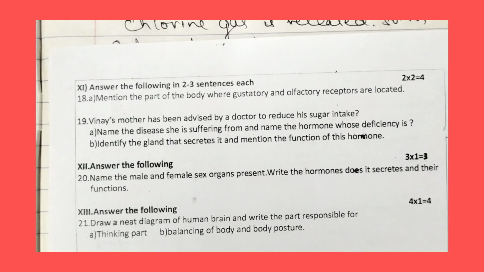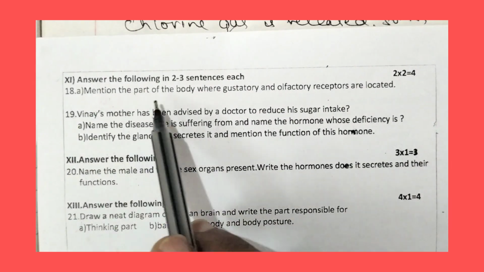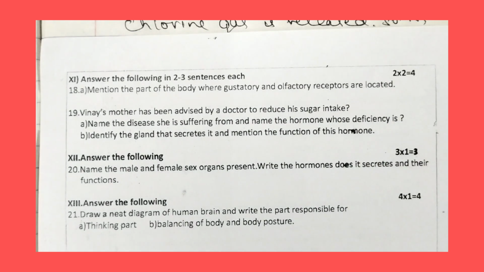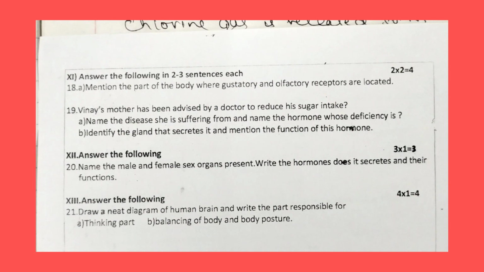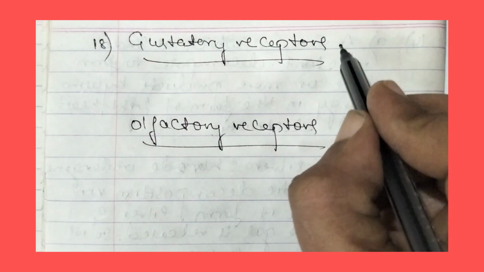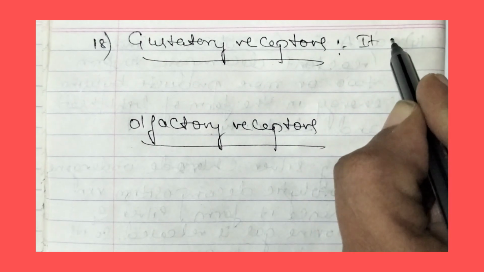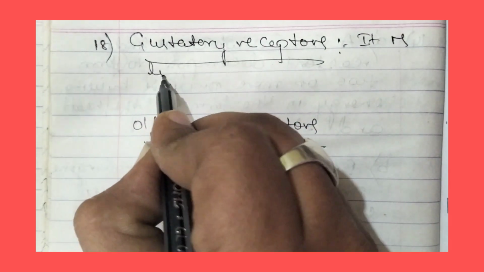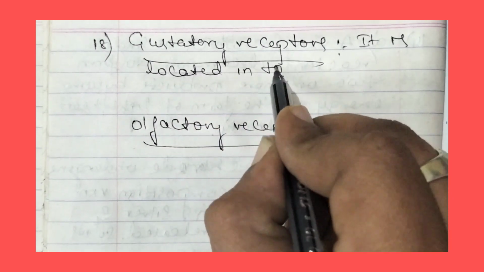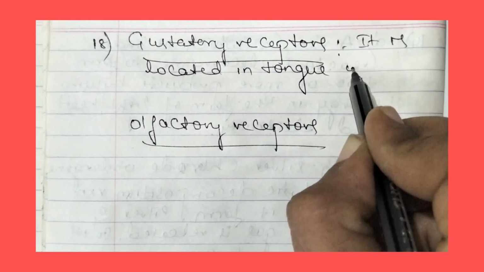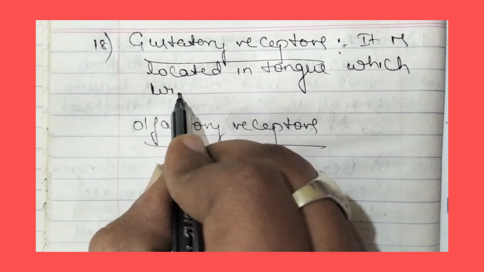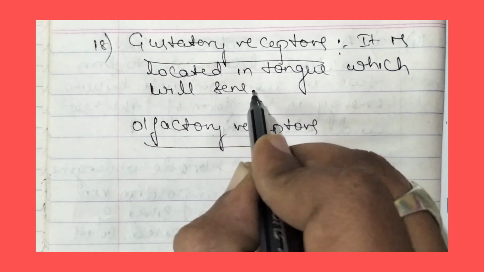Now let us move to the 18th question. Mention the part of the body where gustatory and olfactory receptors are located. So let us answer the 18th one now. Gustatory receptors are located in the tongue, which will sense the taste.